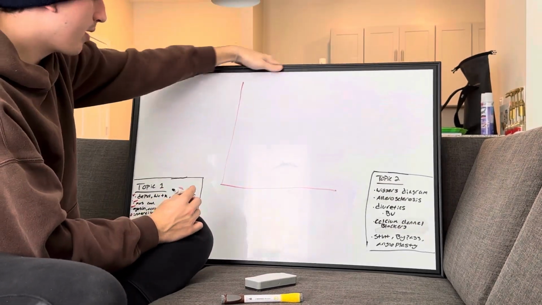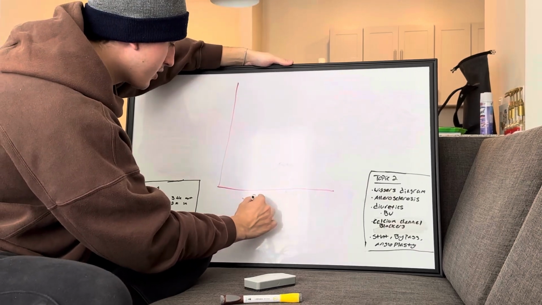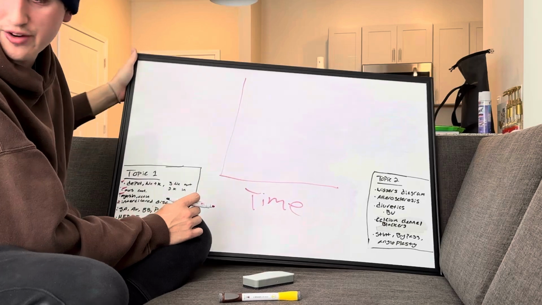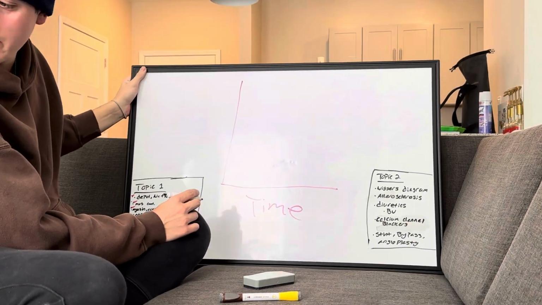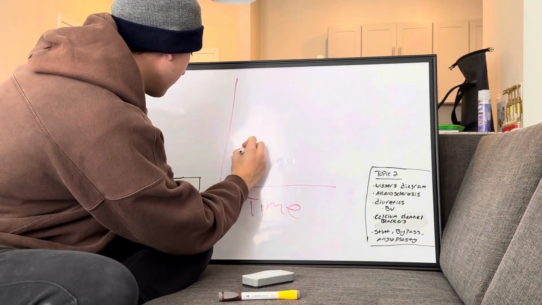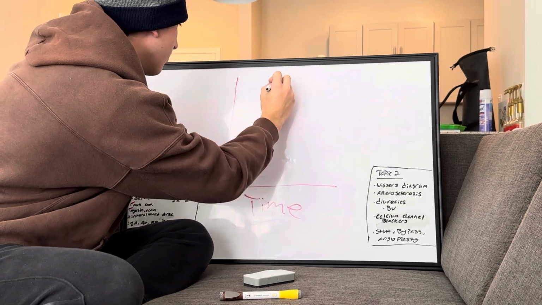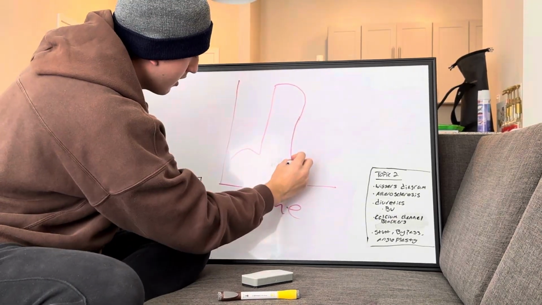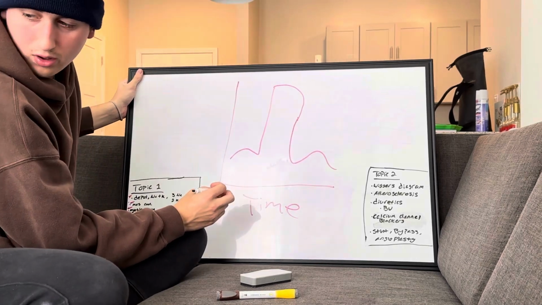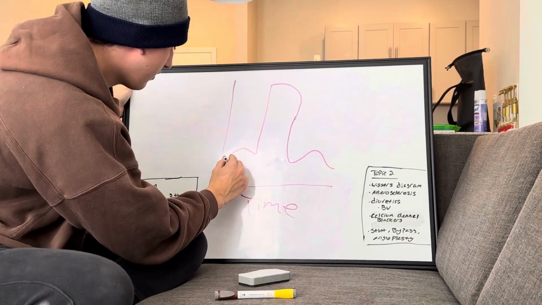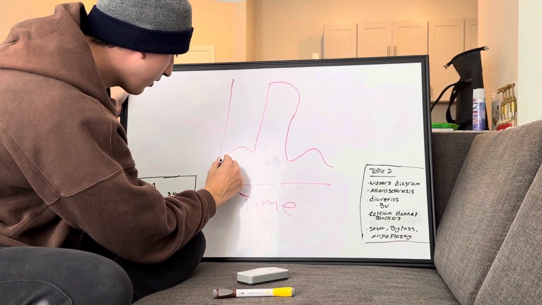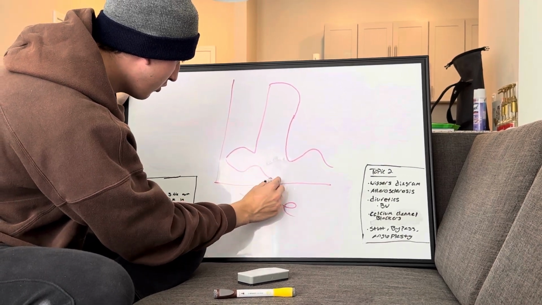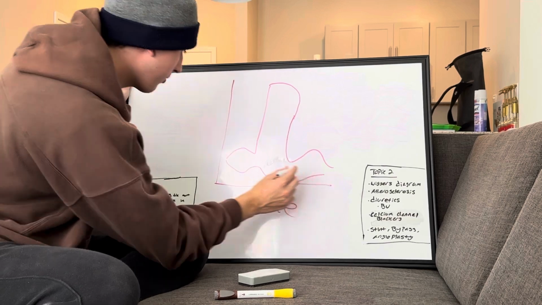So Wigger's diagram, this x-axis is going to be time. Now you're going to have multiple different things on the exact same graph. But you're also going to have blood volume, and then kind of slowly filling back up.